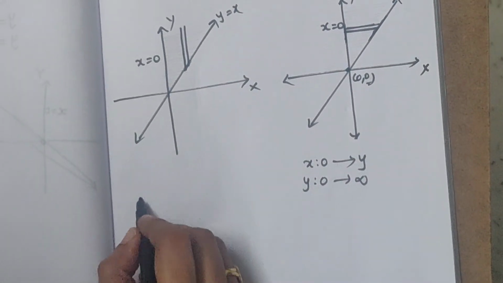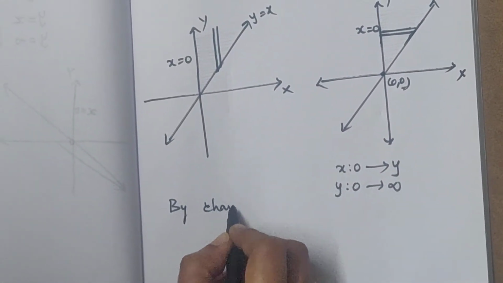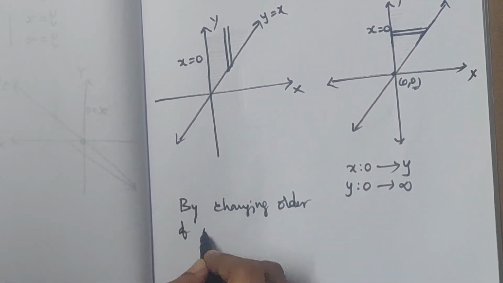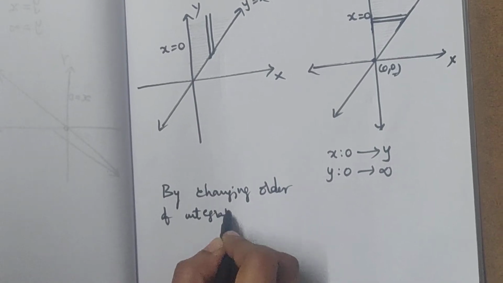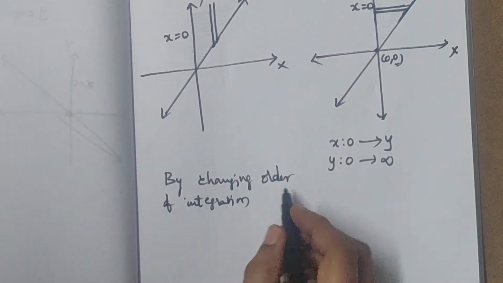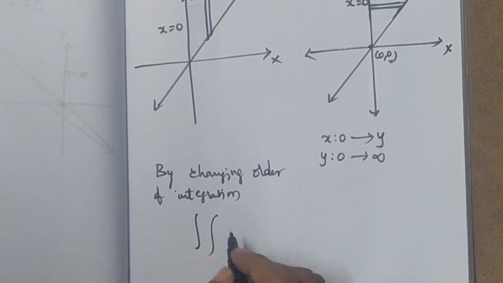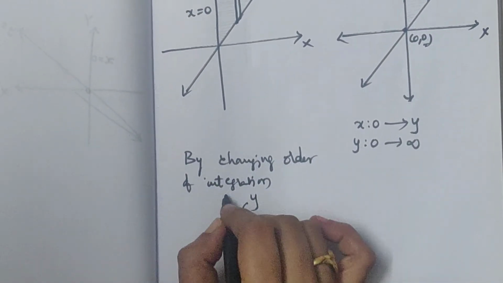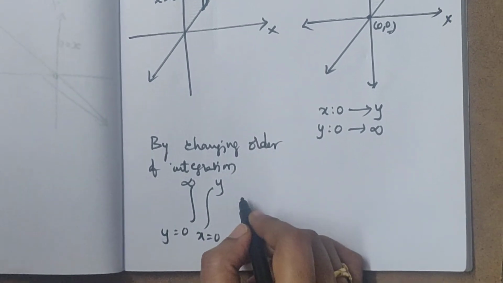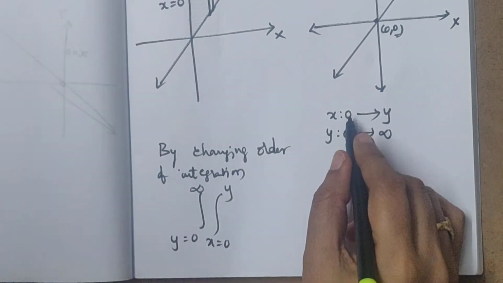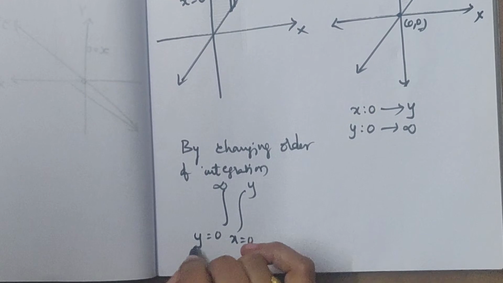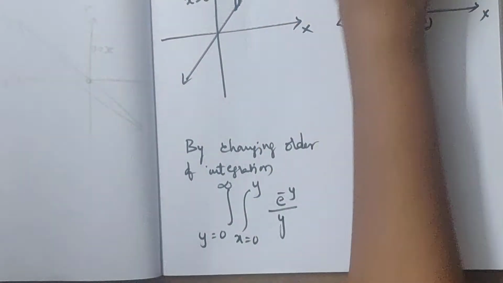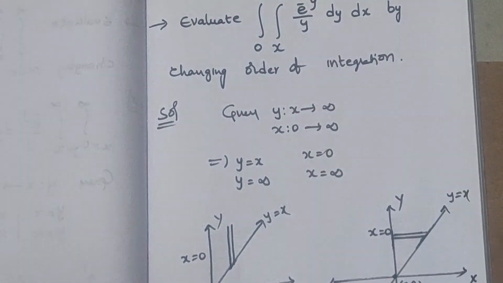So by changing the order of integration, the double integral becomes: x limits are from 0 to y, and y limits are from 0 to infinity. The function under the integral is e power minus y by y.